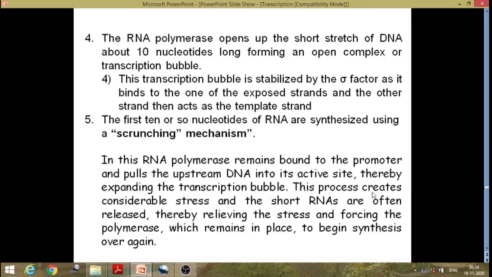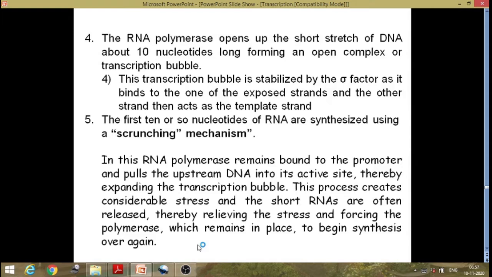This process creates considerable stress, and the short RNA molecules are often released or aborted, thereby relieving the stress and forcing the polymerase, which remains in place, to begin the synthesis over again.